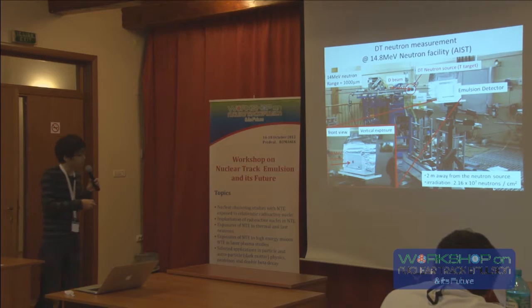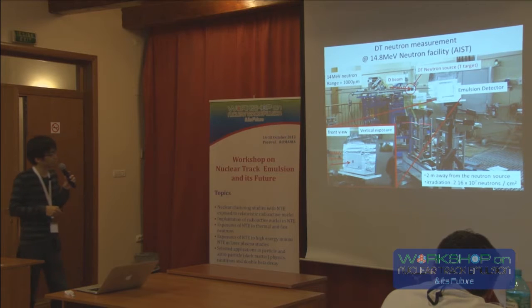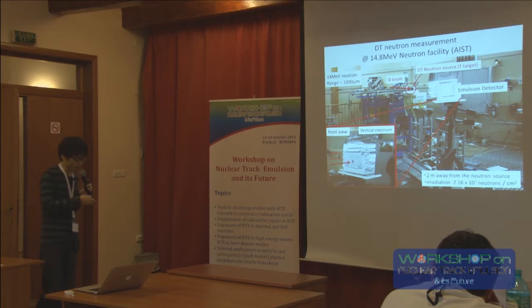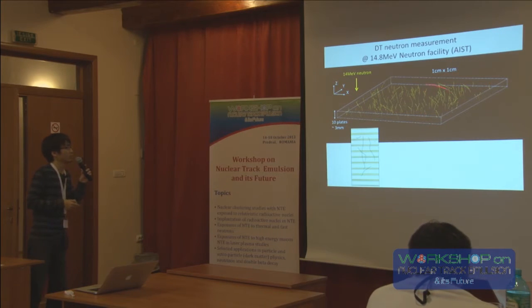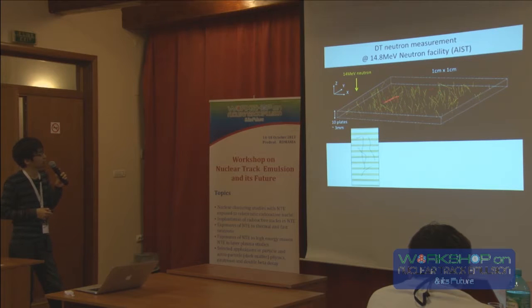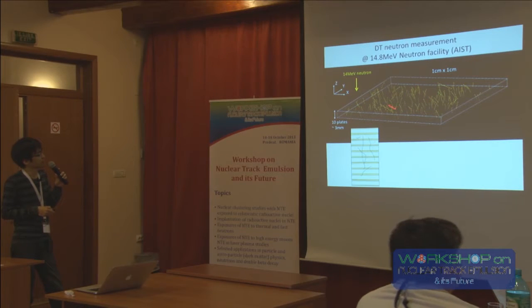In this experiment we irradiated 10^7 neutrons per square centimeter. This is the result, the reconstructed image. The 40 MeV neutrons are coming from this direction, and these tracks are scattered protons.